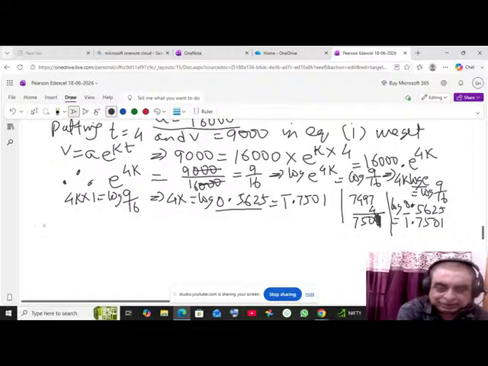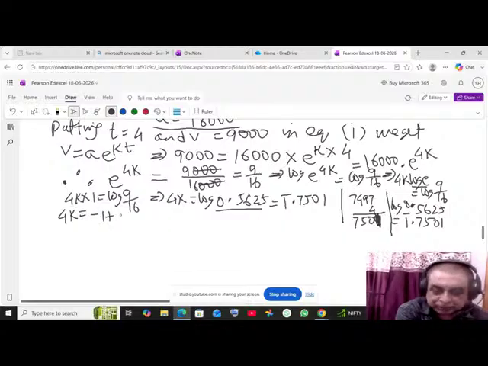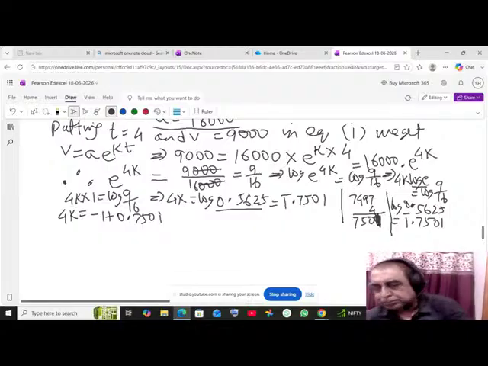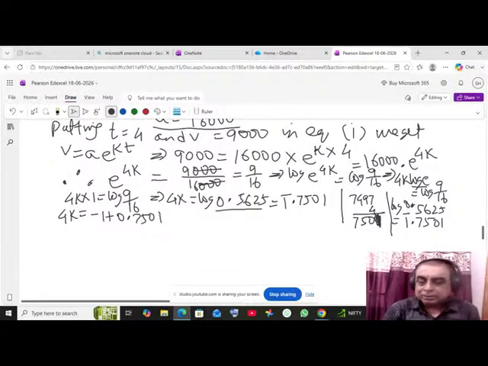Now bar 1 means minus 1. So 4k is equal to minus 1 plus 0.7501. The mantissa is always positive, while the characteristic may be negative or positive. Here the characteristic is minus 1.